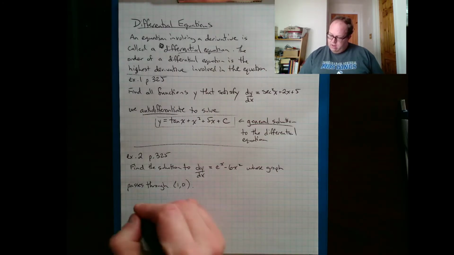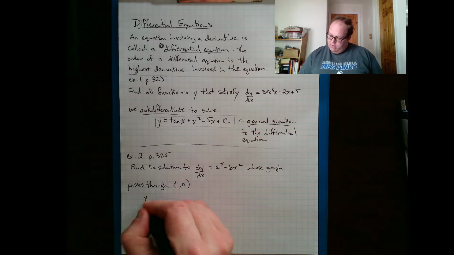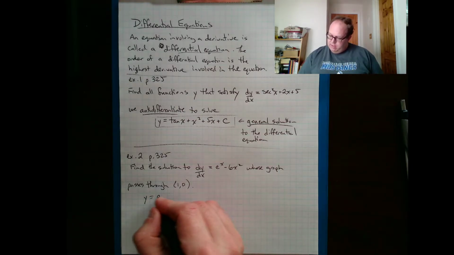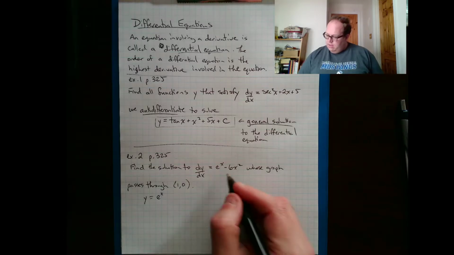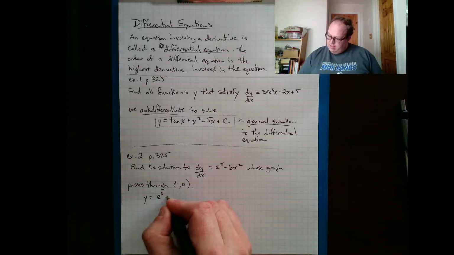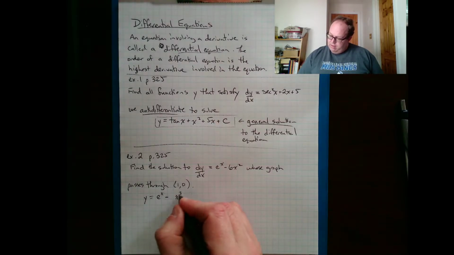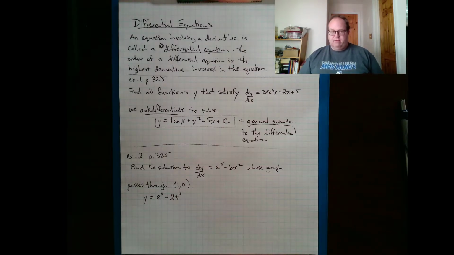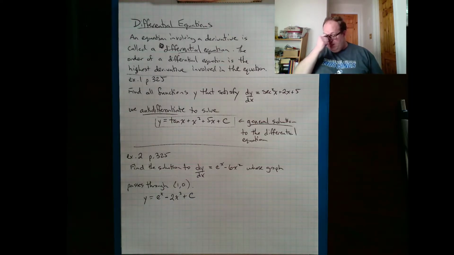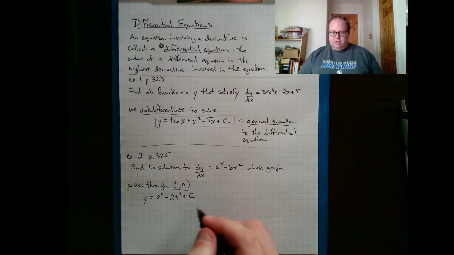So again, to solve, we anti-differentiate, and we get y equals the antiderivative of e to the x, which is simply e to the x. The antiderivative of negative 6x squared is going to be negative, and x cubed would have to be involved, which means our number in front would have to be 2. And then I'd have a constant. But I need to satisfy this specific constraint as well.